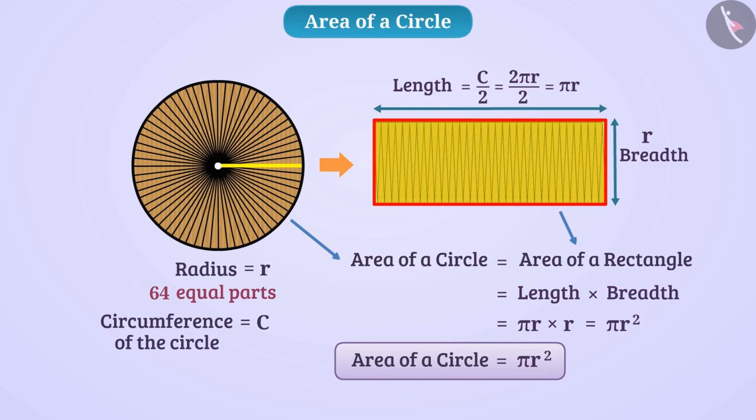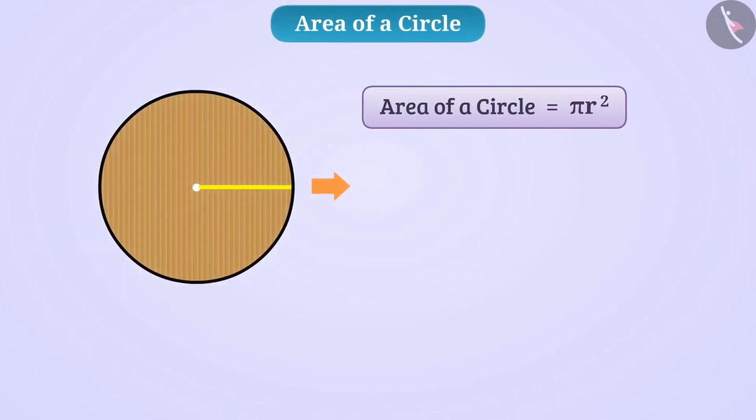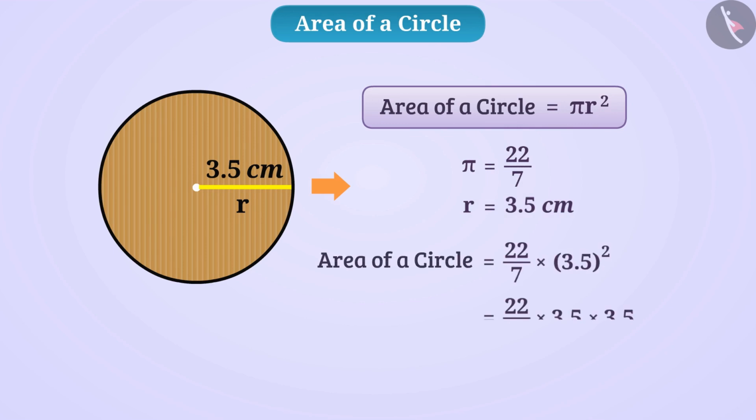For example, we can find the area of a given circle whose radius is 3.5 centimeter. The value of pi is 22 by 7 and the value of r, that is radius, is 3.5 centimeter. By putting these values in this formula, we will get the area of this circle as 38.5 square centimeter.